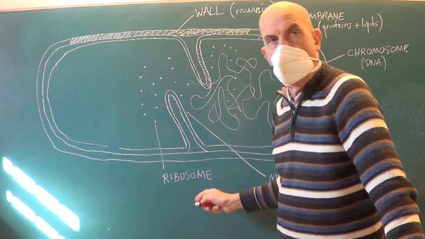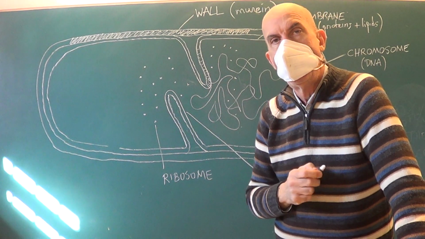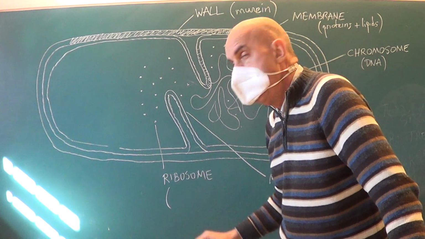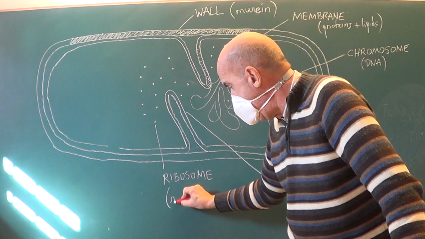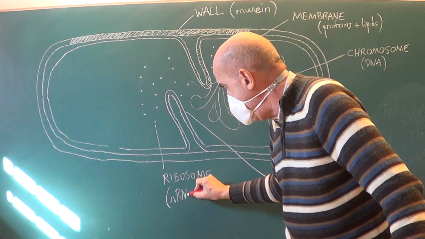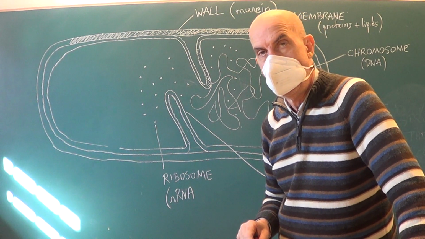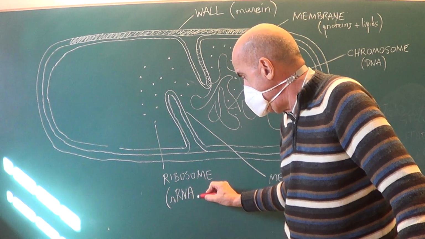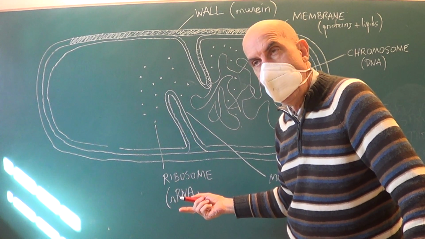What are the ribosomes made up of? RNA, in particular rRNA, ARN ribosòmic, plus proteins.